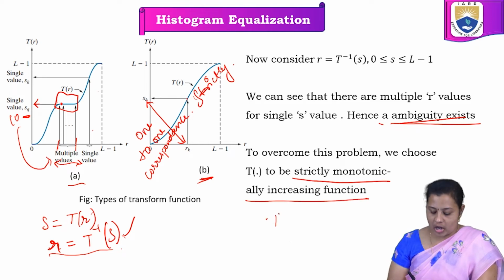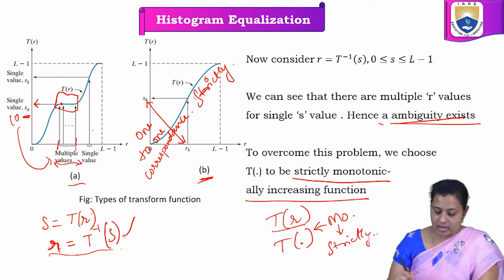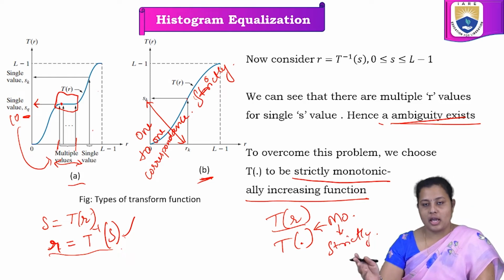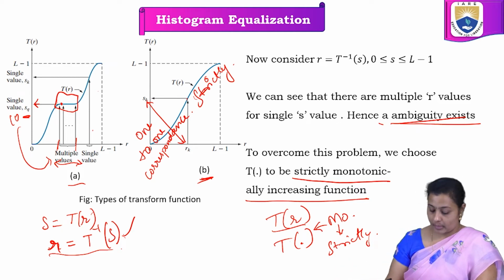So the operation T, which was to be monotonically increasing, now changes to strictly monotonically increasing, and the S value should also be in the range of R. If R ranges between 0 to L minus 1, then S should also fall in the same range, which is 0 to L minus 1.